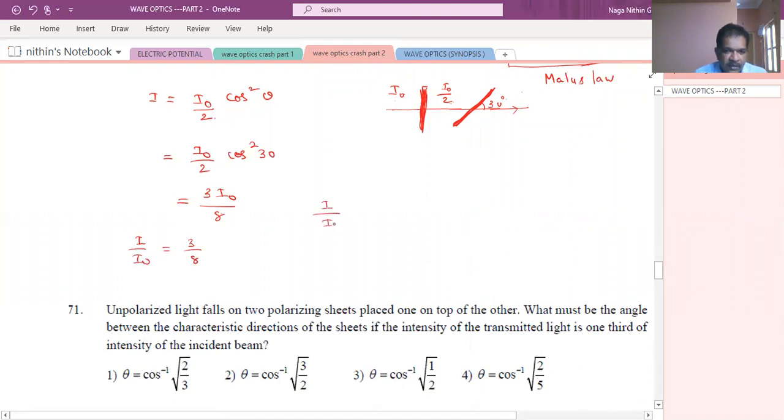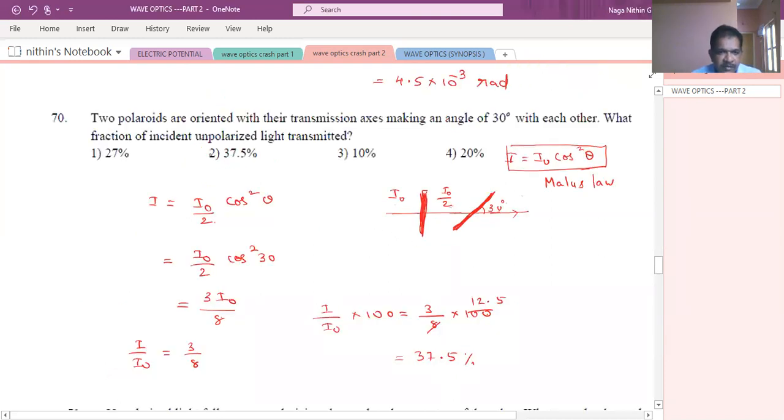I by I naught into 100, 3 by 8 into 100. 12.5 will come. 8, 12.5 are 100. So this is 37.5%. Okay, so this is the answer for it.